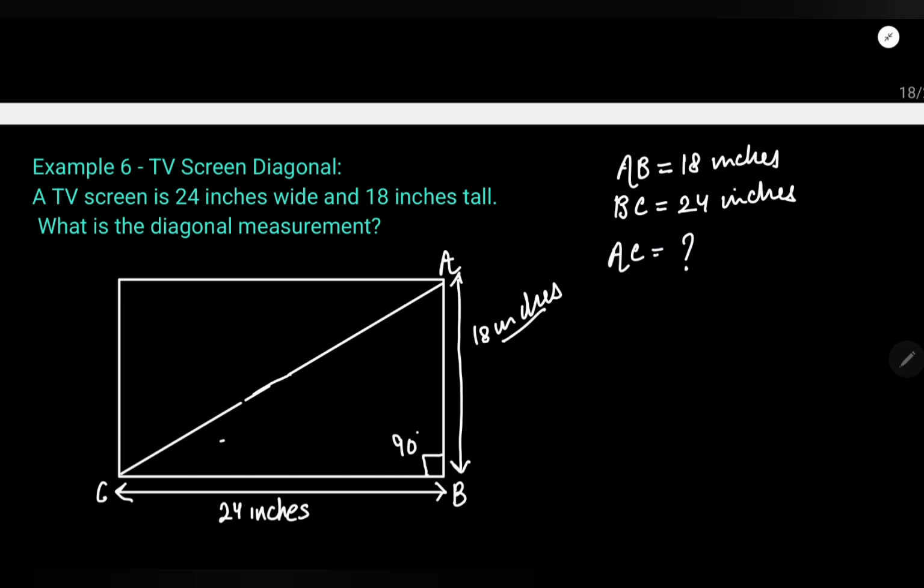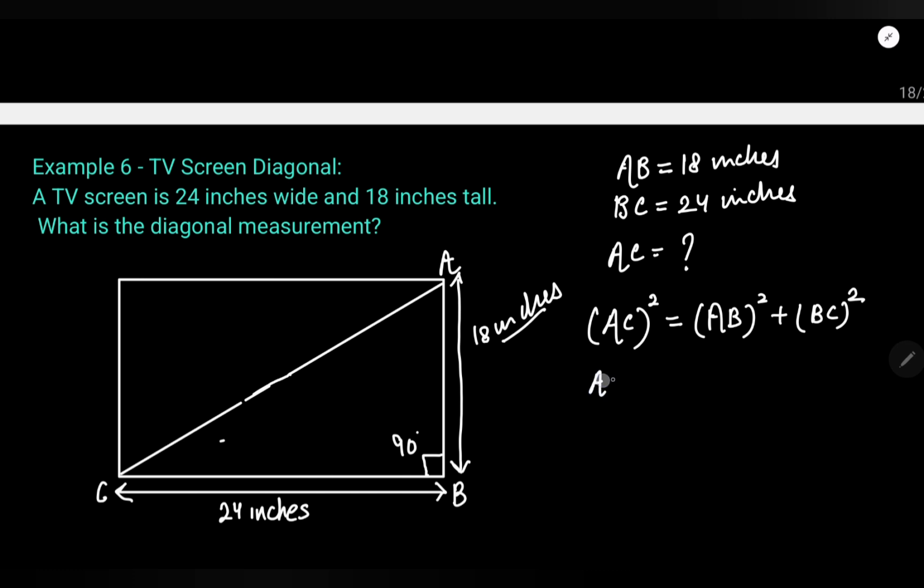AC is the diagonal, the longest side of the triangle, and this is a right angle triangle. So we know AC square is equal to AB square plus BC square. If you have noticed, I told you all the types of notations we can write here. We can write HPB, we can write ABC. C is the longest side, H is the longest side. Here AC is the longest side.